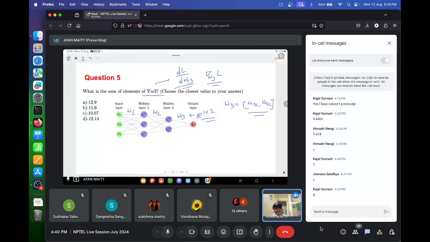So the gradient with respect to W3 would be the gradient with respect to W31 and the gradient with respect to W32. This is del L del W31, and this is del L del W32.